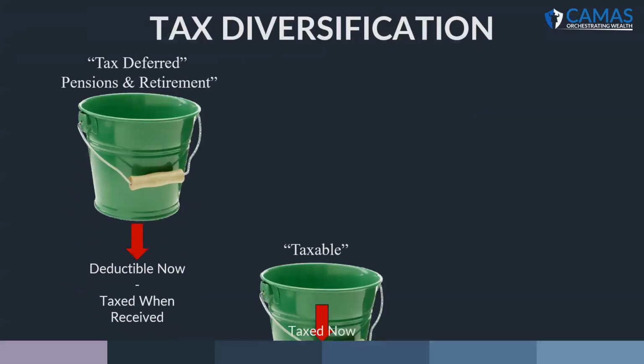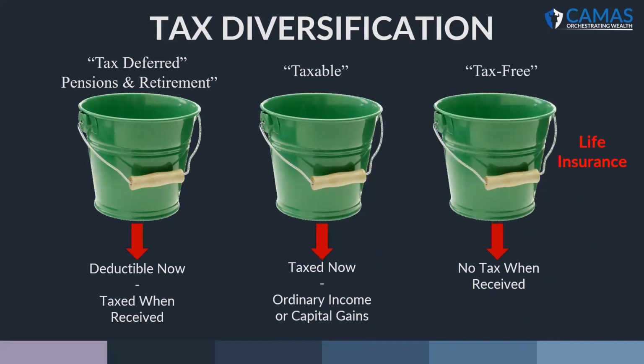Finally, when I look at life insurance, it helps us fill the bucket. Those buckets are tax diversification. Qualified plans are great plans, but remember, tax deduction now, taxable later. Our taxable bucket is our current income, business income. We're taxed on gains, capital gains and ordinary income now.